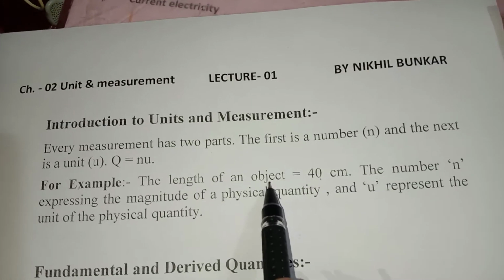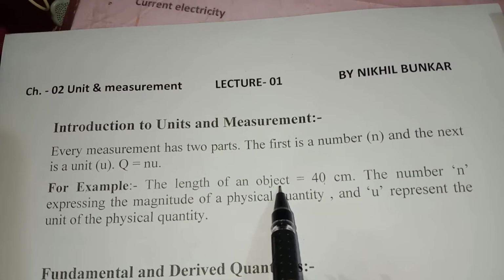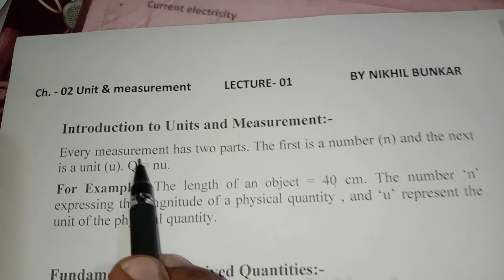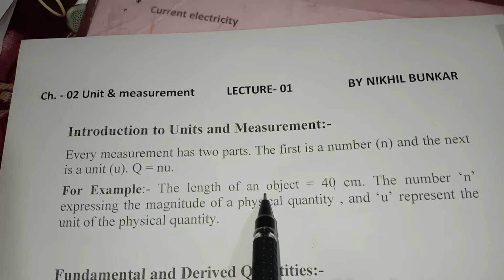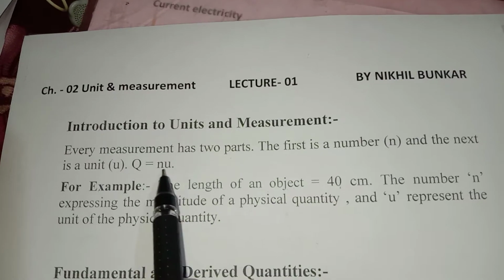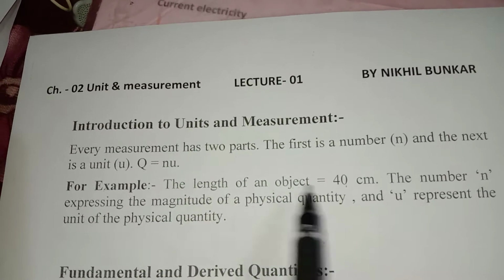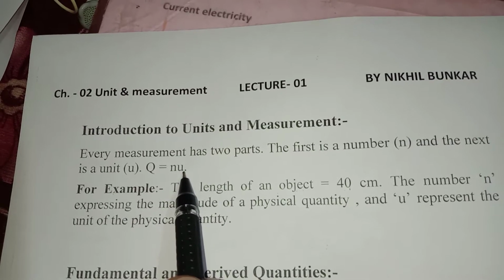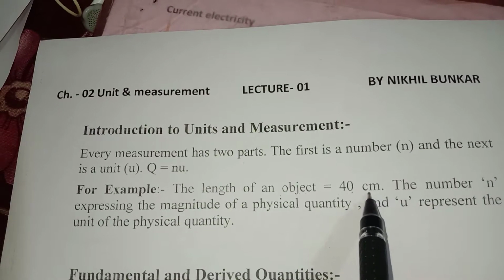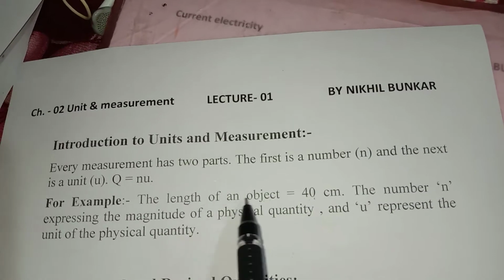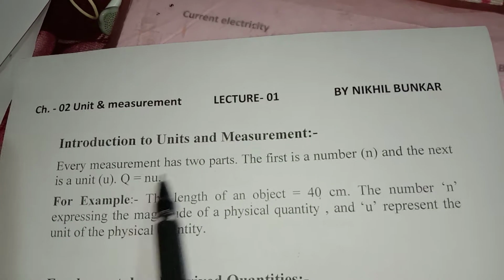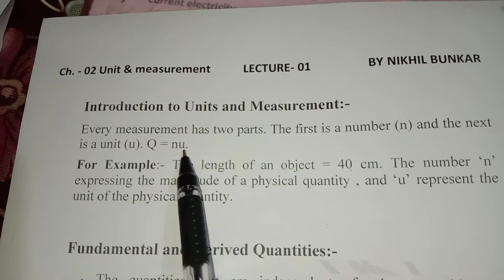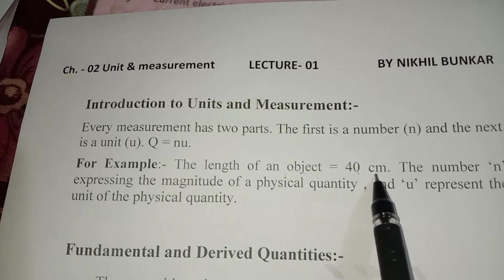Here the length is the physical quantity, represented by Q. The number 40 is n, and u is the unit of the physical quantity, that is centimeter.